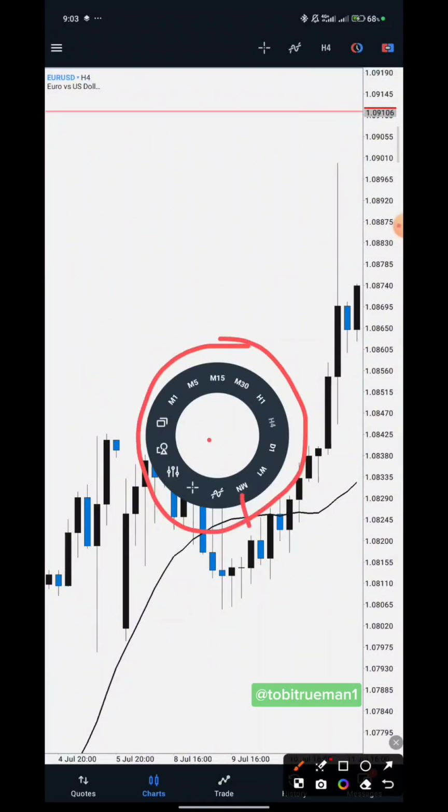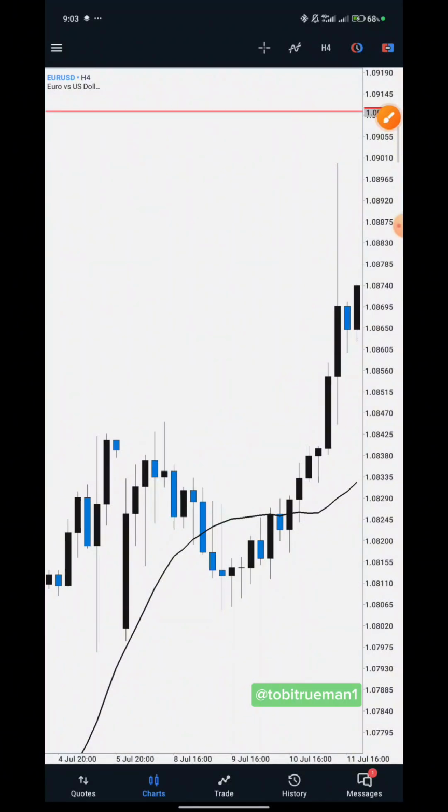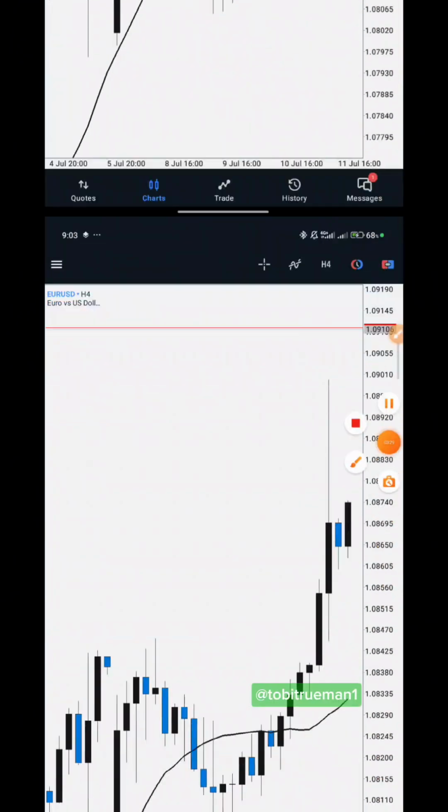The MN there is for monthly, W1 is for weekly, D1 for daily, H4 is the 4 hour time frame, H1 is 1 hour, M30 is 30 minutes, and so forth. So these are the available time frames on your MetaTrader. Then on TradingView you can customize it and all of those things. Okay, so let's go back to our explanation.